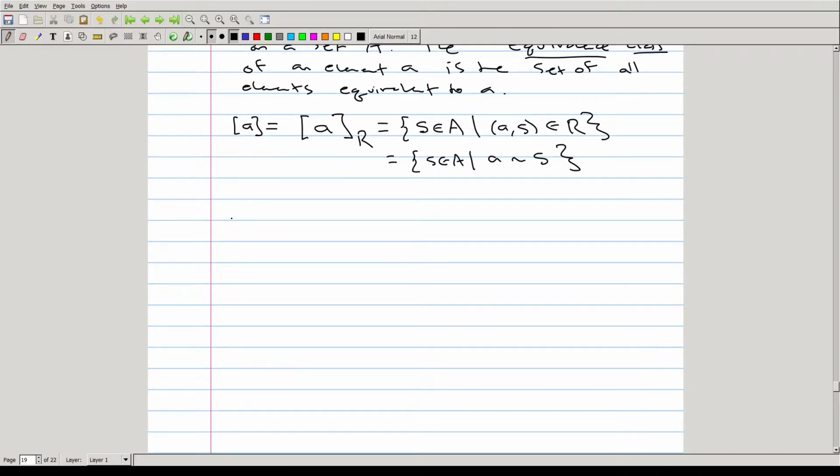And notationally speaking, we can talk about a given representative of an equivalence class.